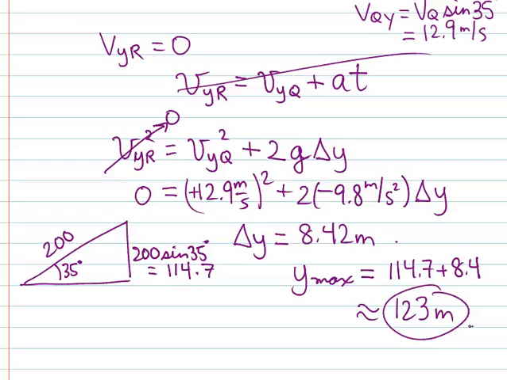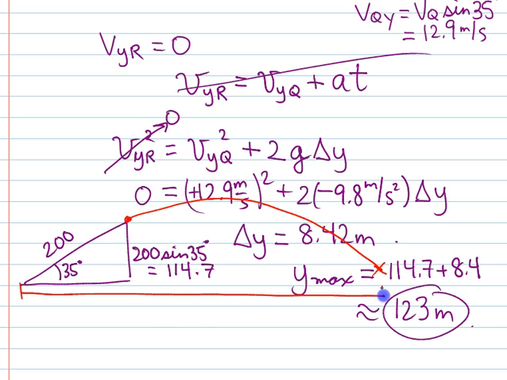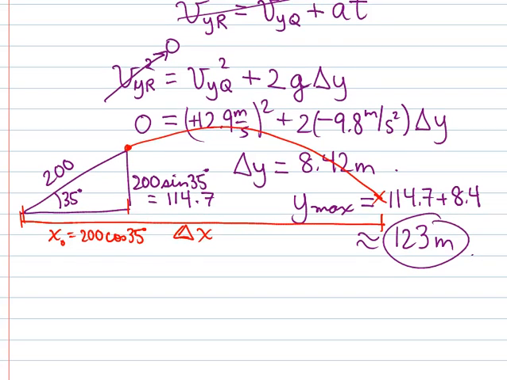Now for part B, we want the range. If we look at the path starting at the top all the way over to here, the range is the total x distance that we've traveled. Again, we'll have to add in x initial, which will be 200 cosine of 35. So now we're going to need to find out the time that we're in the air, because we'll calculate delta x as x naught plus VQX times t.